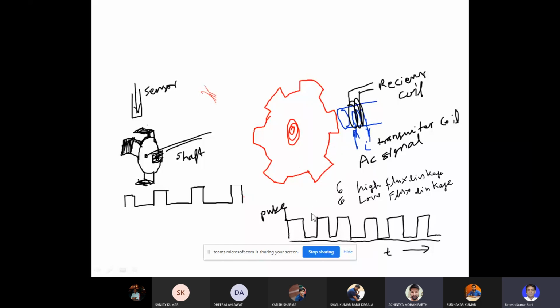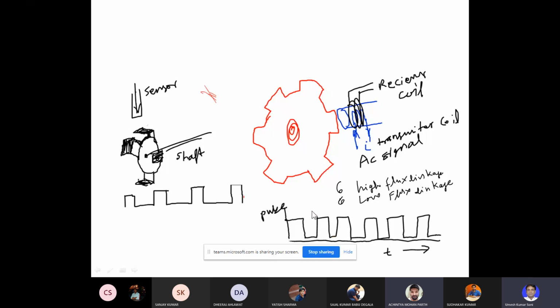So at the cut portions, the flux linkage is small, and the pulse is low at that location, and when the projected portion of the disk comes in front of the sensor, the high pulse is received. So six positions for high flux linkage and six positions for low flux linkage are available. So in one cycle there are six low pulse positions and six high pulse positions.